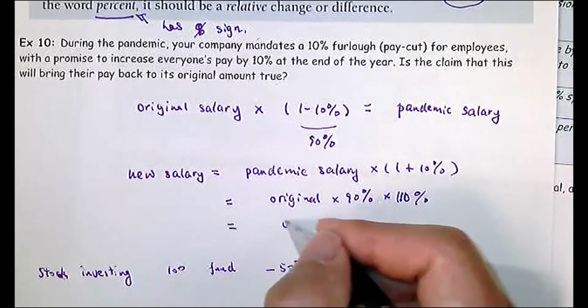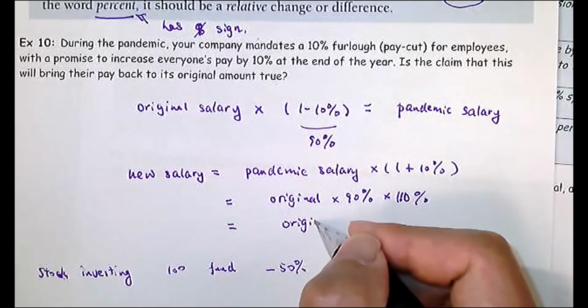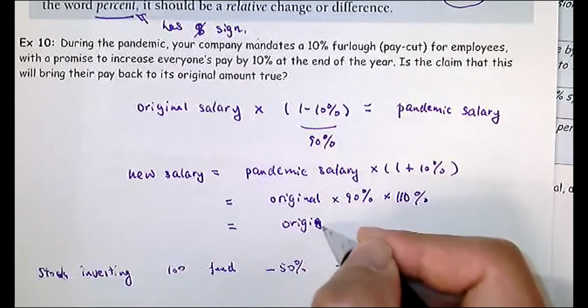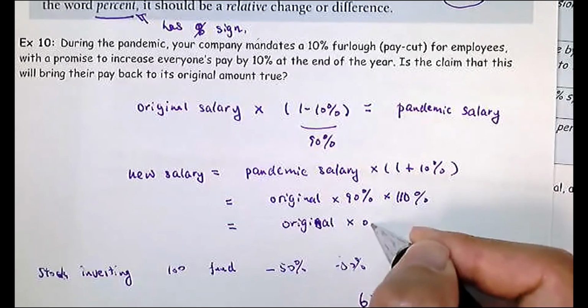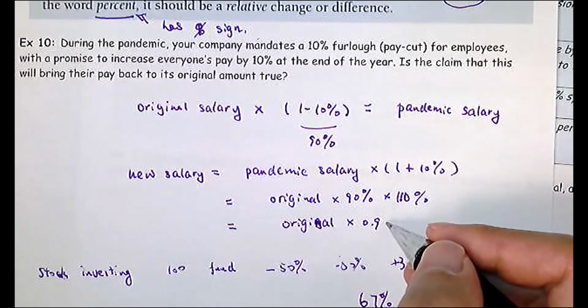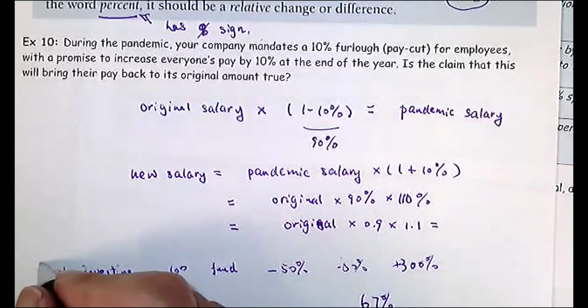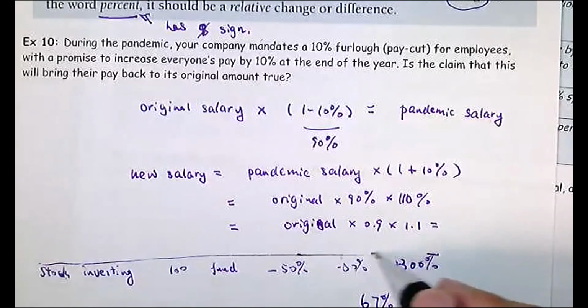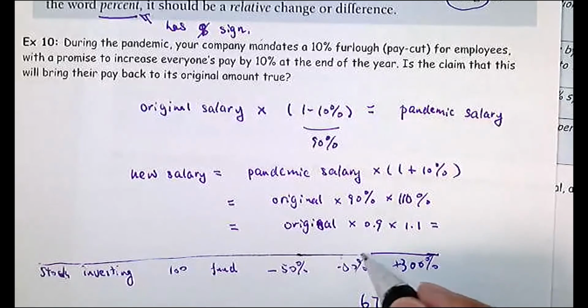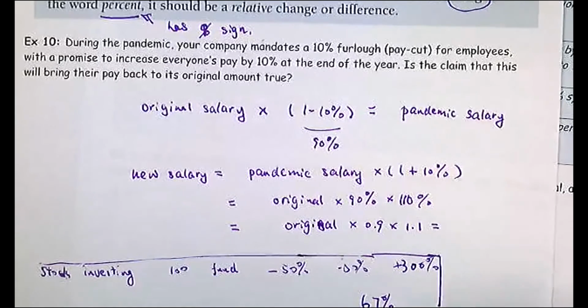In other words, your original times 0.9 times 1.1. So first, ignore what I'm writing here. This is for the other funny question I was trying to say.